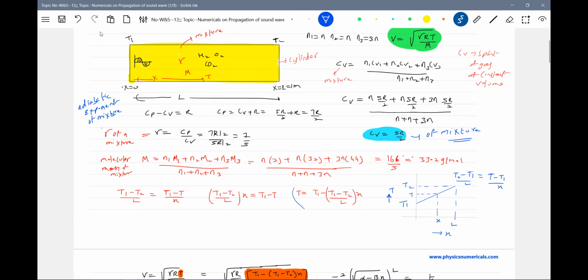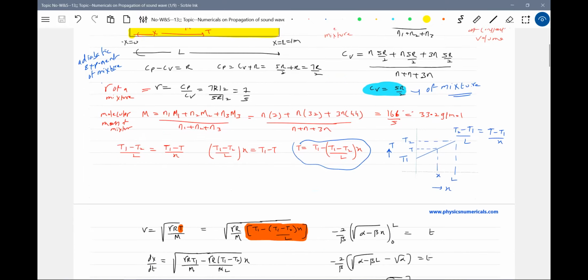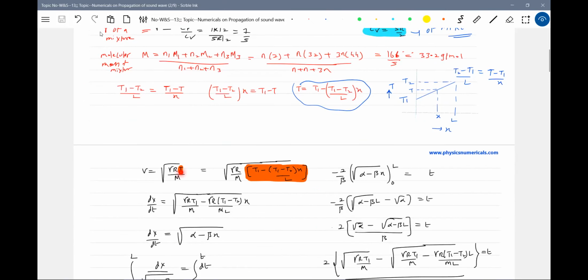Solving that, I got the temperature of the gas as a function of distance. I can justify this: put X equals 0, the temperature is T1. Put X equal to L, the temperature will be T2. Justified. Then the value of T I'm going to substitute here.